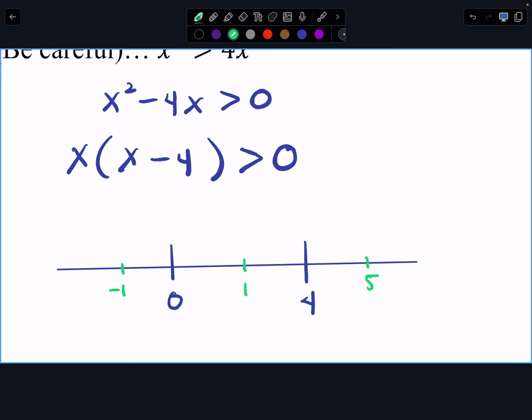So if we plug -1 in, that ends up being a negative times a negative, which is a positive. If we plug in +1, that's a positive times a negative, which is a negative. And if we plug in +5, that's positive times positive, which would be a positive.